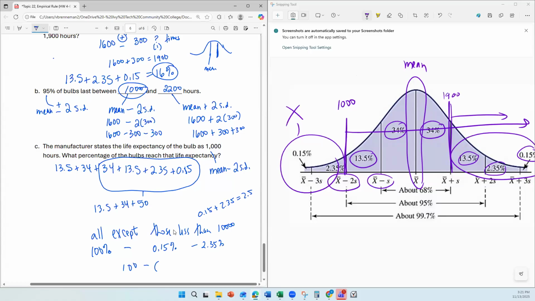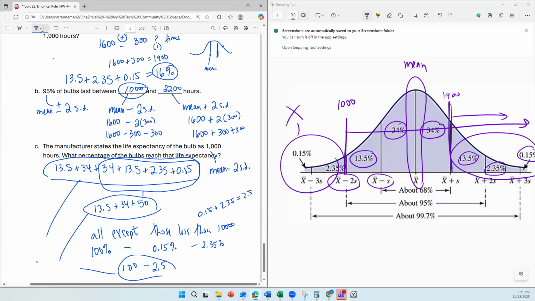So 100 minus 2.5. So whether you add these all up or shortcut that a little bit or do it as subtraction, it is 97.5%.